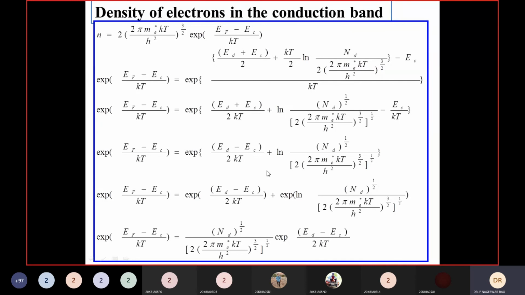If you simplify it, we get (EF minus EC) by kT. Just observe this one. If you have any doubt, see the textbook. Practice this calculation, and if you have doubts, ask me tomorrow. So we get exponential of (EF minus EC) by kT, and this total term we will substitute in this equation.